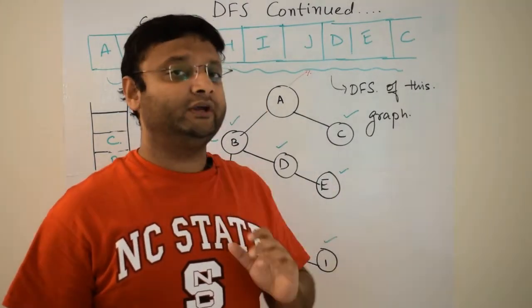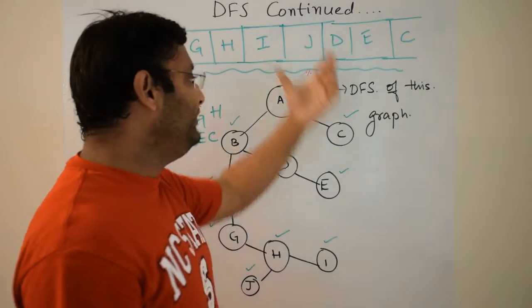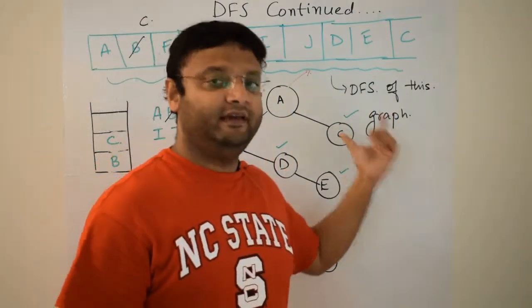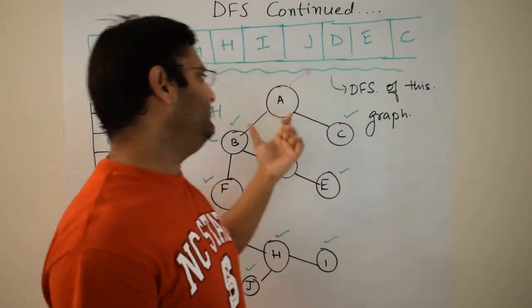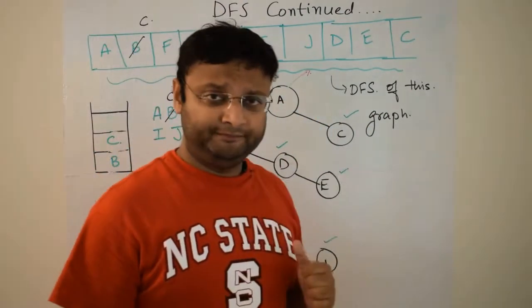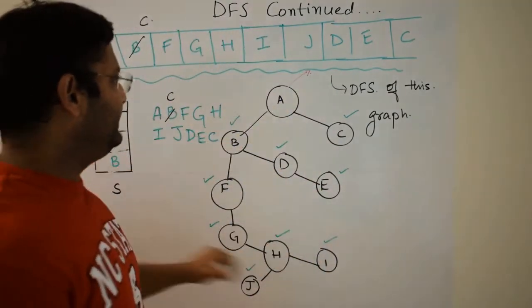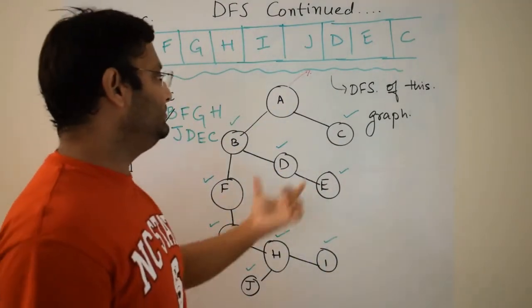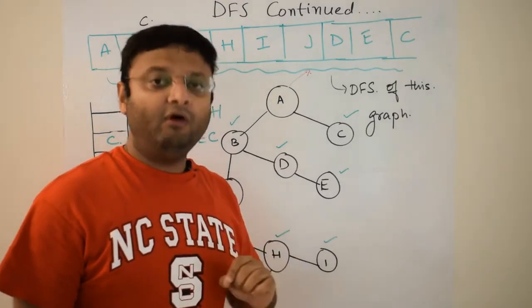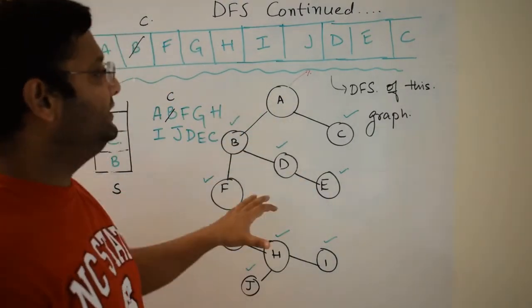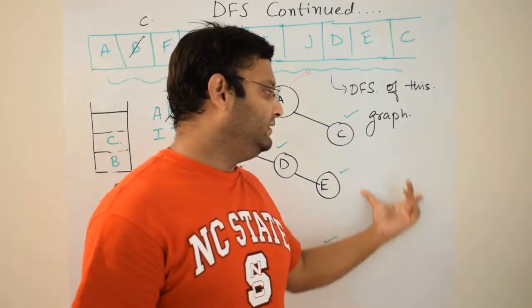They will give you a question and ask which DFS traversal of this graph is possible if we start from this node. We'll see those questions later on, but this is the main concept, the pictorial representation of this algorithm. Now we'll write the code and see how we're going to implement all this in normal C code.